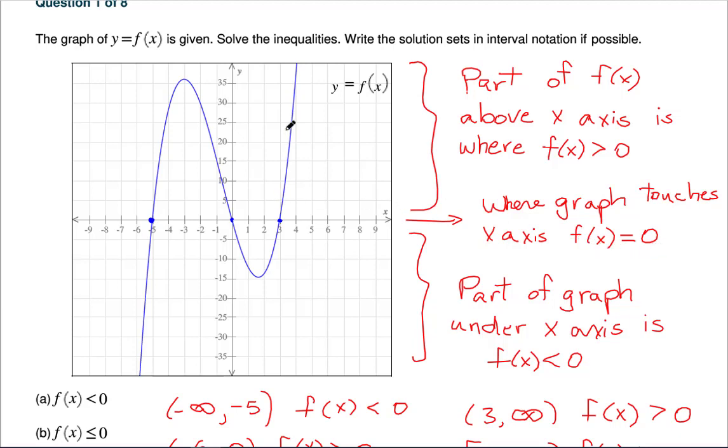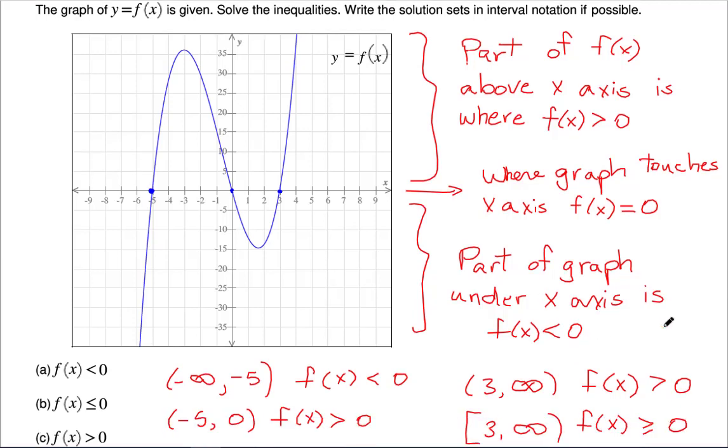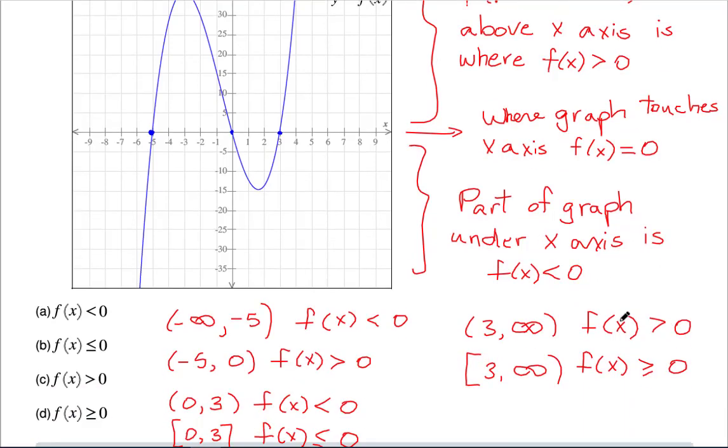So if the graph is above the x-axis, then that's the place where f of x is greater than 0. And if the graph is under the x-axis, that's the place where f is less than 0. So the question is, well, where is that going on?